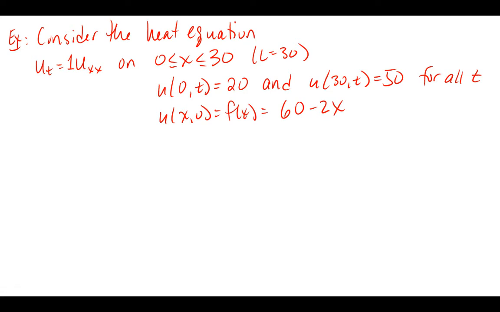So that's all the details about the actual heat equation problem that I'm trying to solve here. So of course the question is, can we solve this PDE? What's the solution? And we'll graph it and stuff like that.